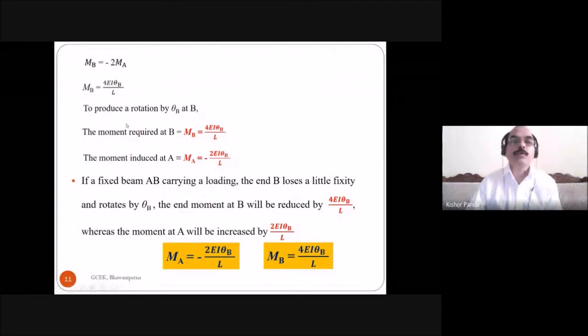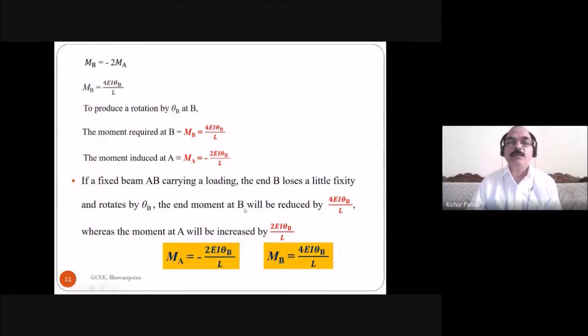Due to the rotation of support B by theta B amount, this is the moment produced at the end B, that is MB is equal to 4 EI theta B by L, and this is the moment induced at the end A, MA is equal to minus 2 EI theta B by L. If a fixed beam AB carrying a load, the end B loses a little fixity and rotates by theta B amount.